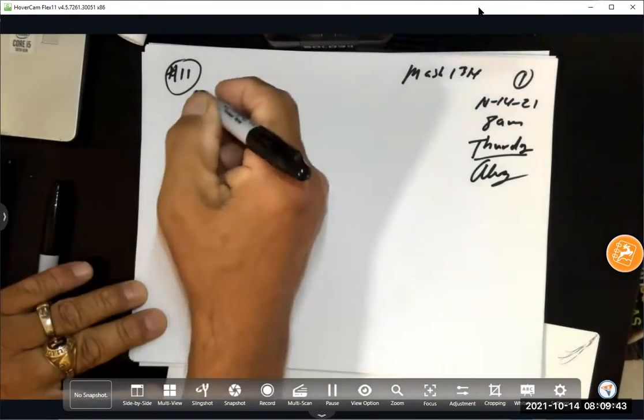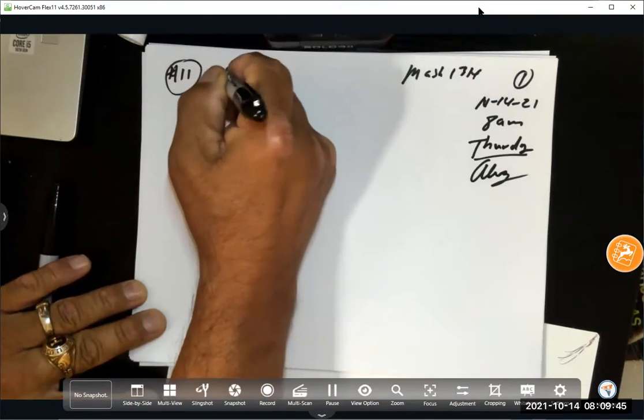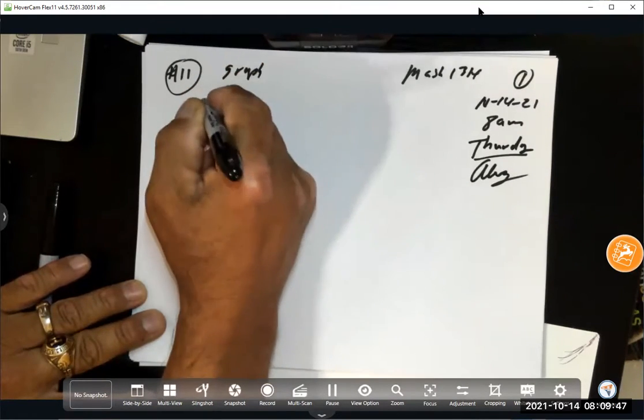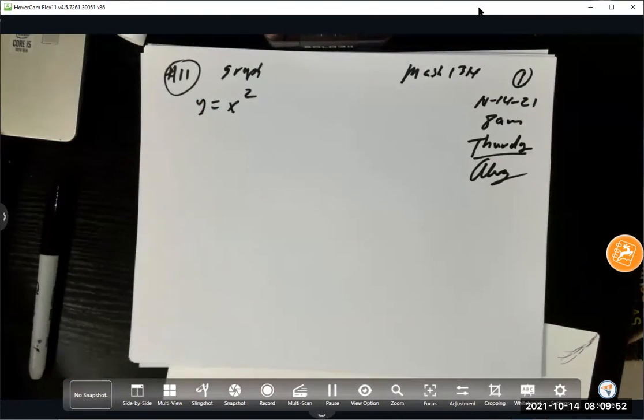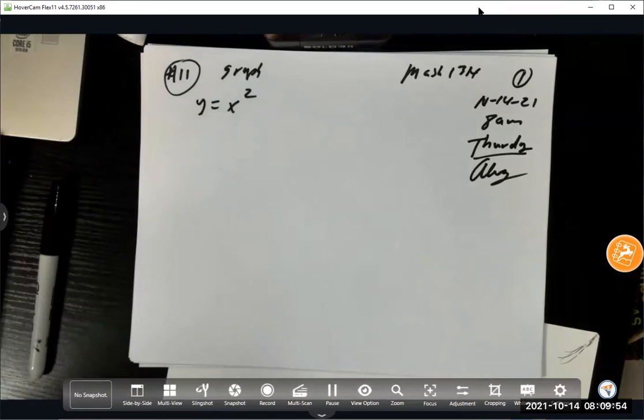All right, for this one, let's do this first. Get your calculators out and graph this one here, y equals x squared. Let me do it on my machine here.